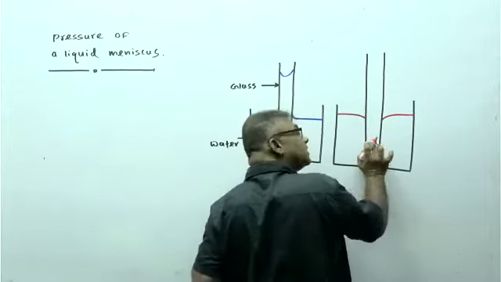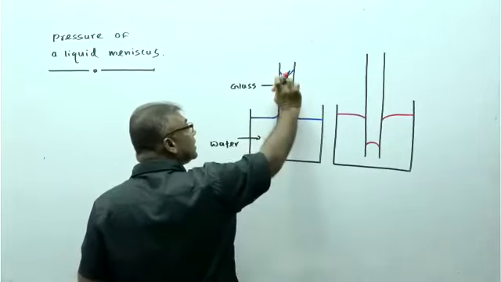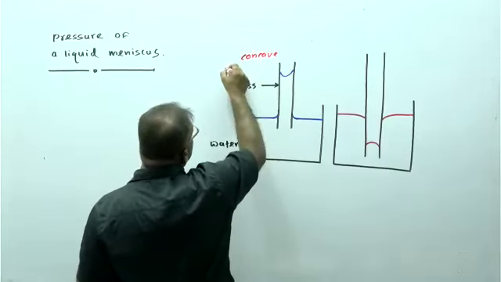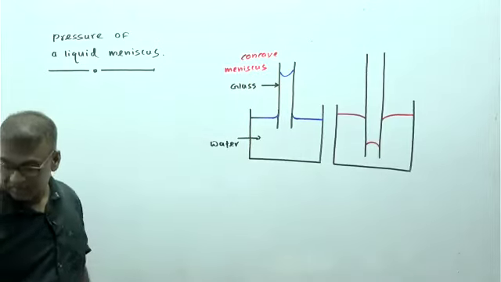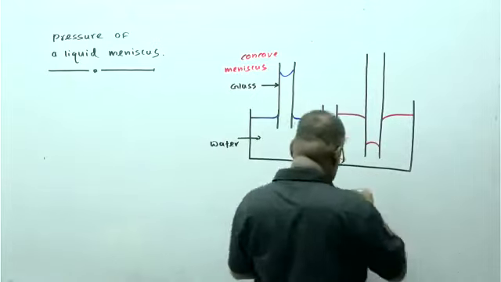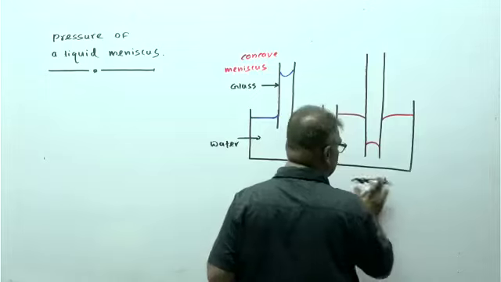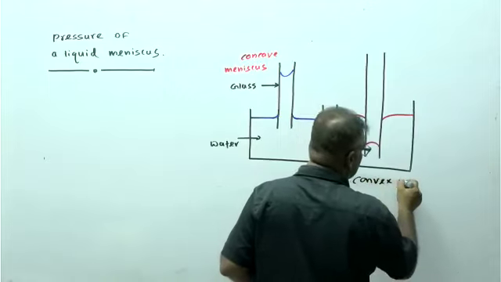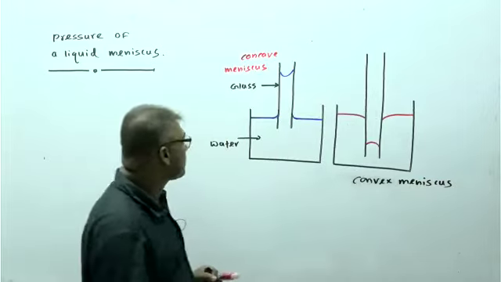As the shape of the meniscus, seen from above, this is a concave meniscus. Right? This one is a concave meniscus. Here, seen from above, is a convex meniscus. This is a convex meniscus.